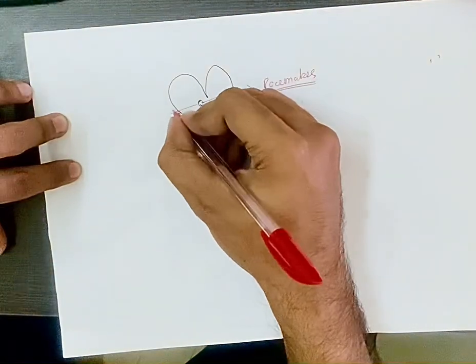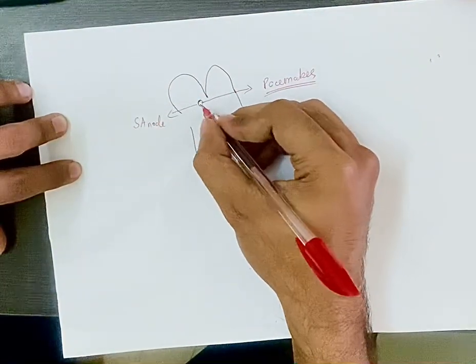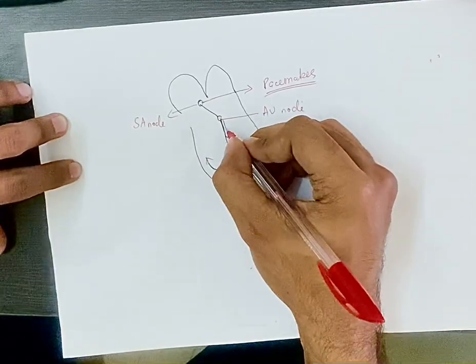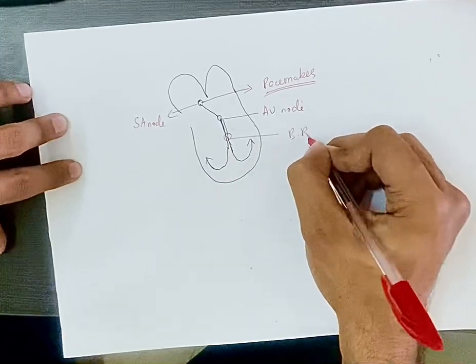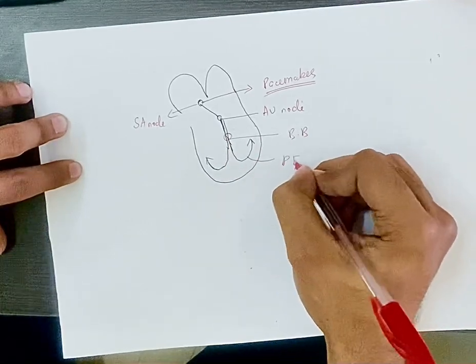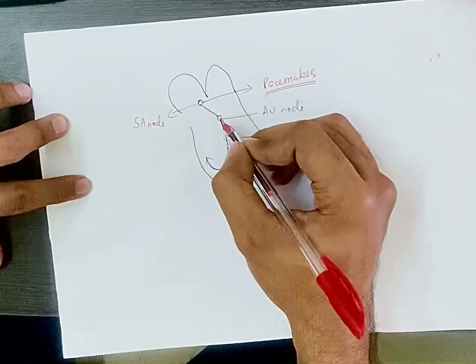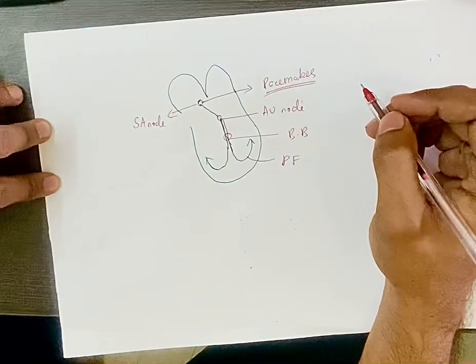So when the SA node generates an impulse, this impulse is sent to the AV node, and the AV node spreads it to the Purkinje fiber via the bundle branch, and this is your Purkinje fiber. Okay, so the SA node and AV node are responsible for atrial systole and ventricular systole.